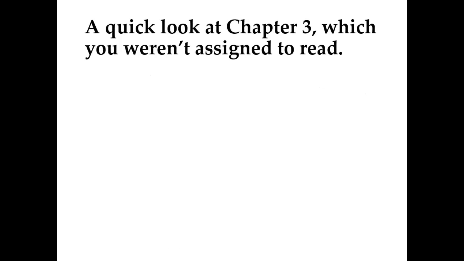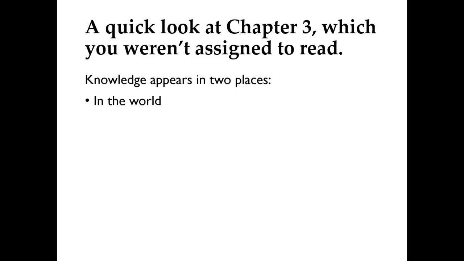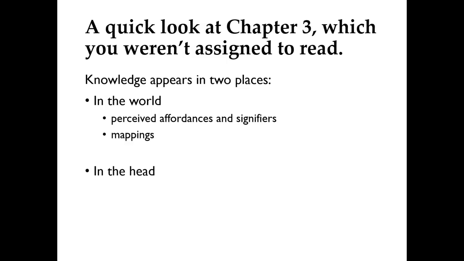We're going to quickly look at Chapter 3. You were not assigned to read it, but there are some ideas from it that will be useful to you. Knowledge appears in 2 places: in the world and in the head. In the world, we perceive affordances and signifiers. There are mappings that indicate what's going on, and there are also physical constraints that prevent us from doing things.